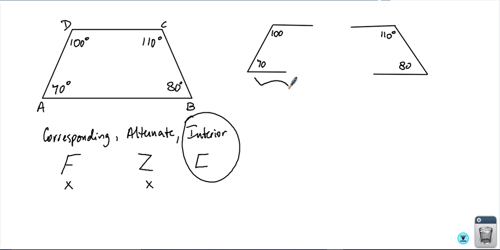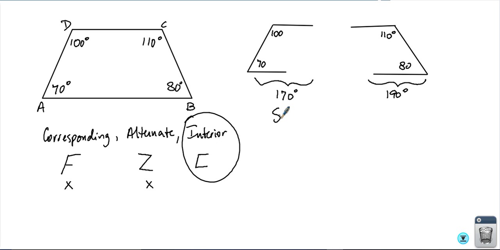If we add these two up together, they make 170 degrees. If we add these two together, they make 190 degrees. To be interior, the sum must be supplementary. They must add up to 180 degrees.